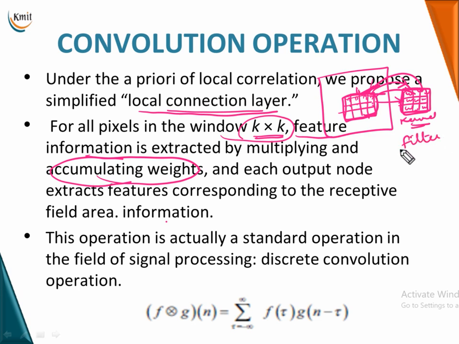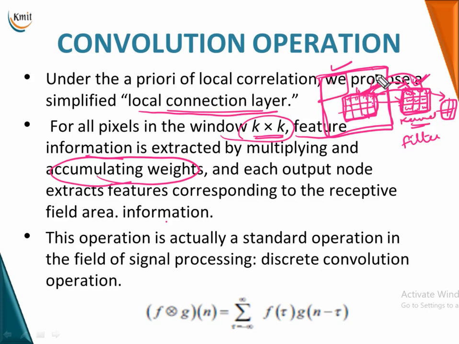Now after you perform this operation, what you require as an output is obtained, which is nothing but all the features relevant to this particular space getting extracted. This operation is actually a standard operation in mathematical processing, in signal processing, which we call a discrete convolution operation, wherein we are keeping one of the functions, say this image, constant, and we are shifting this kernel on it.